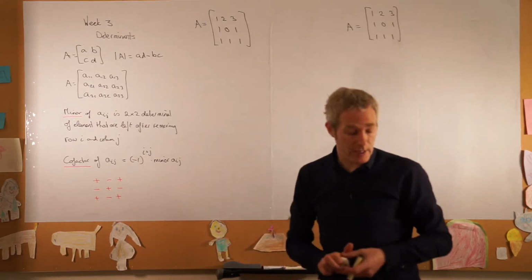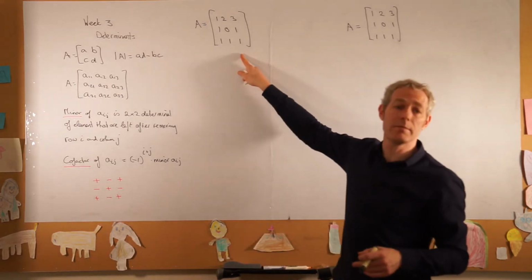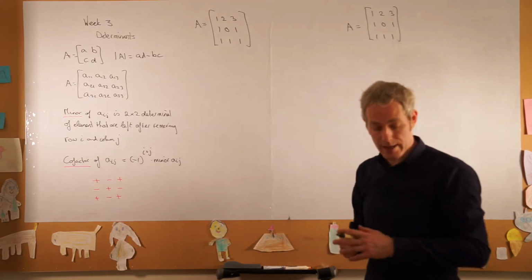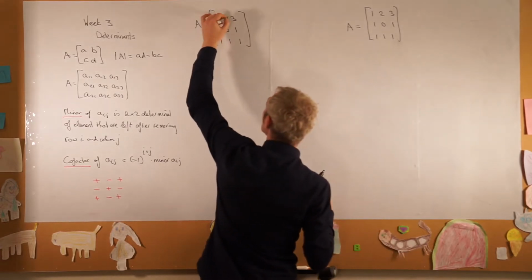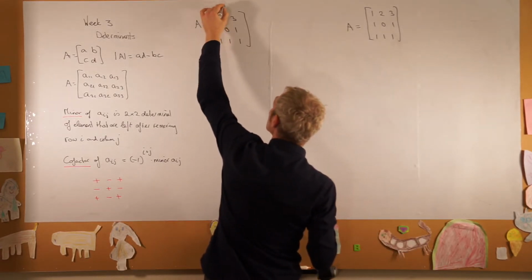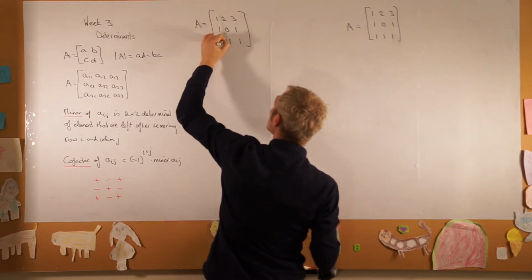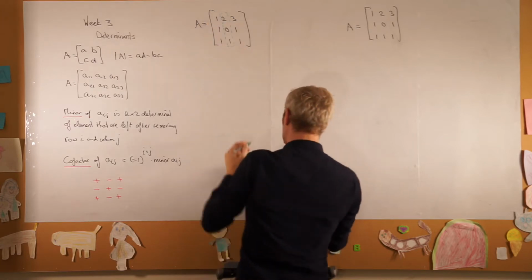So another example where I take matrix A and I am going to expand the determinant. I calculate the determinant using the second column.